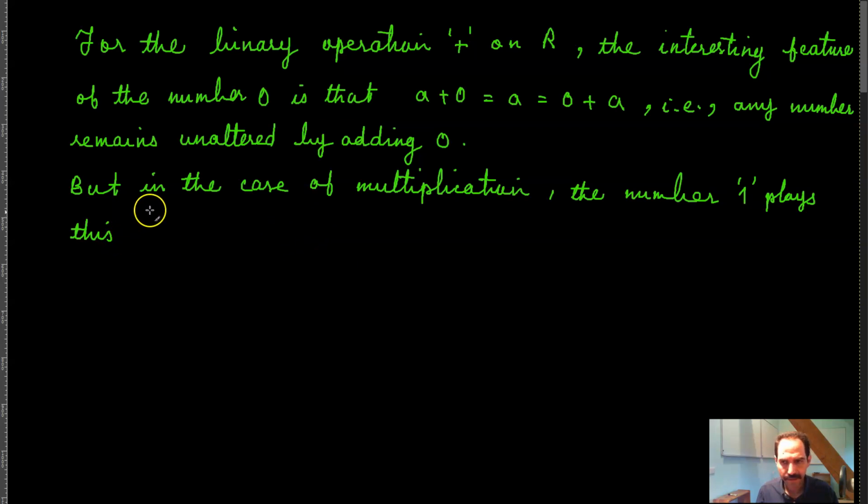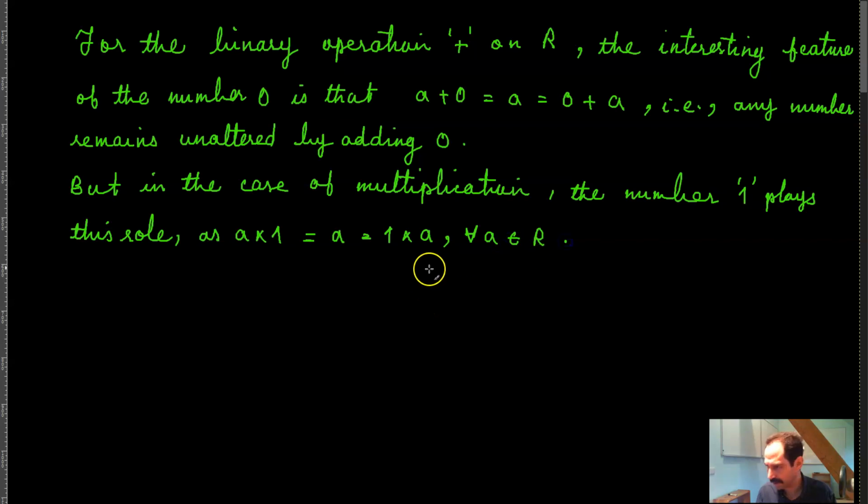So a times 1 is equal to a, which is equal to 1 times a, for all a in R, for every a belonging to the set R.